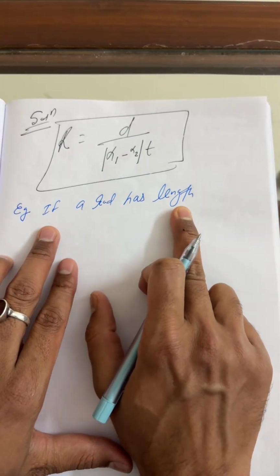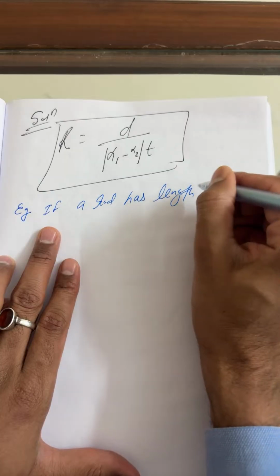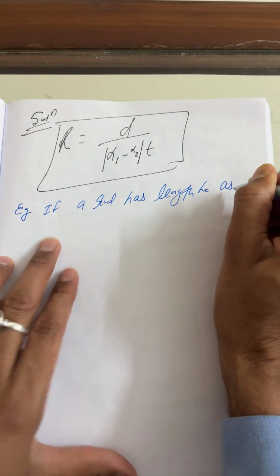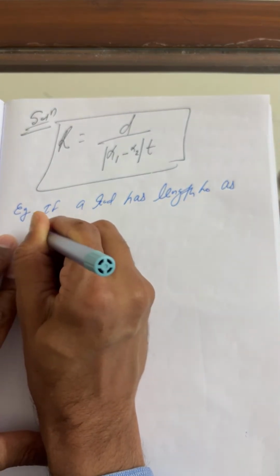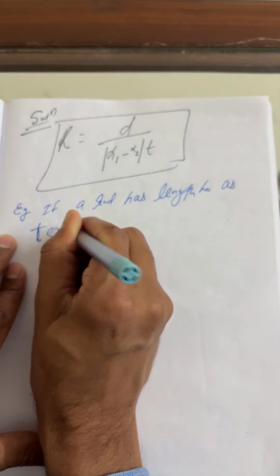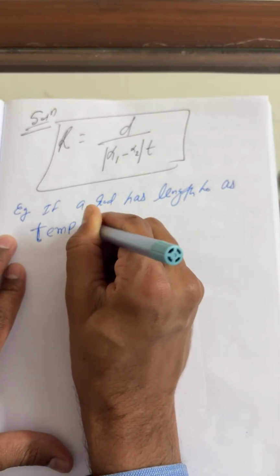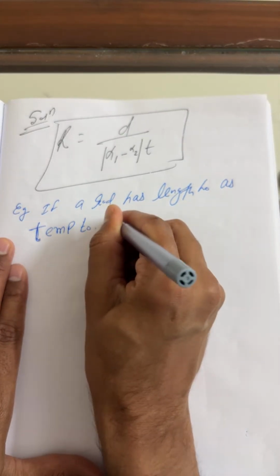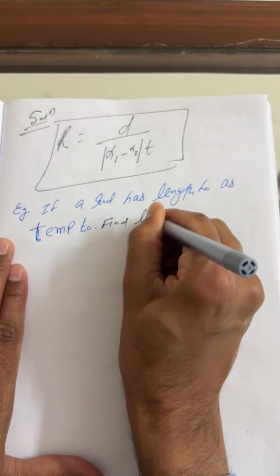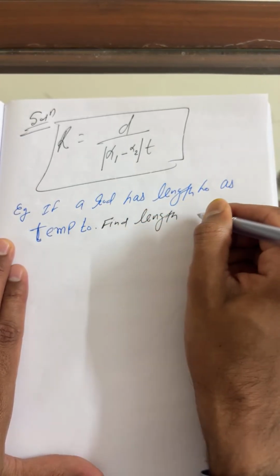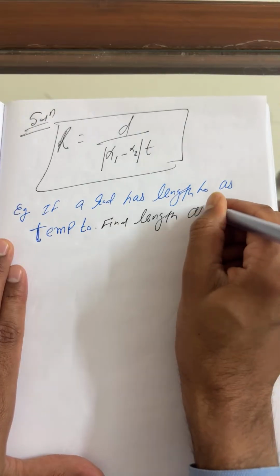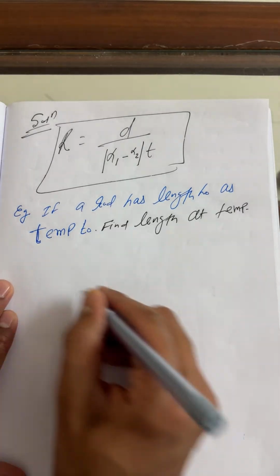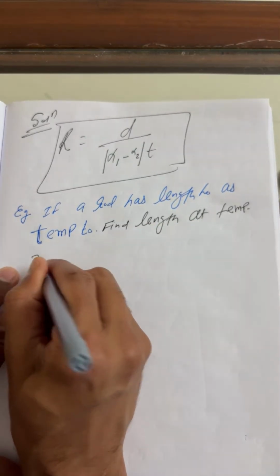If a rod has a length L naught at temperature T naught, find the length at temperature.